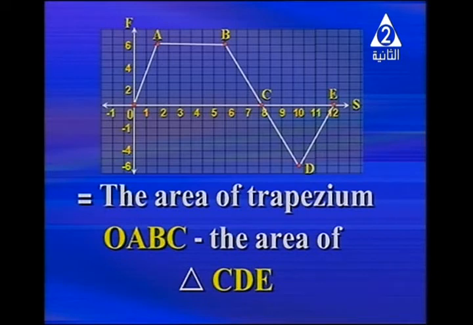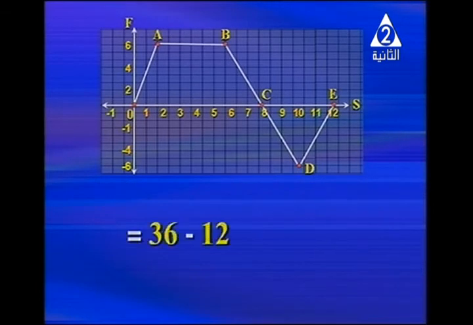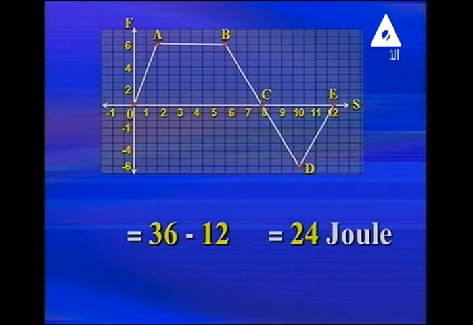The area of the trapezium is above the straight line S, but the area of the triangle is below the straight line, so it is negative. Then the area of the trapezium minus the area of the triangle equals what? 36 minus 12 equals 24 joules.